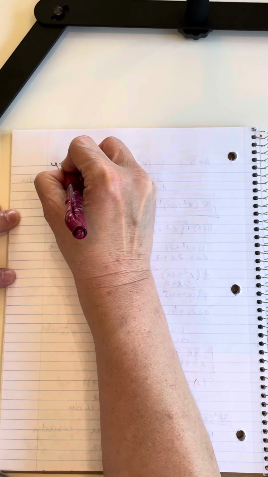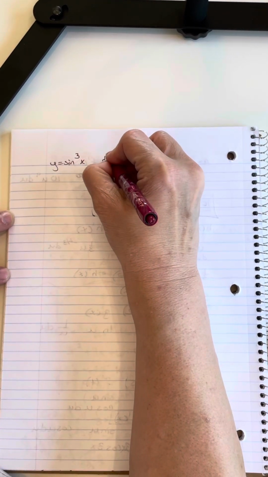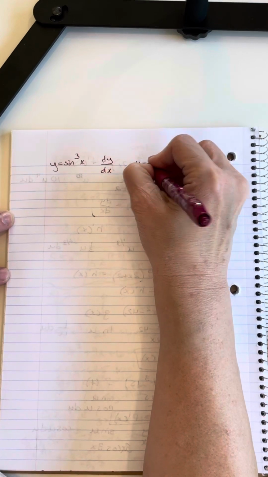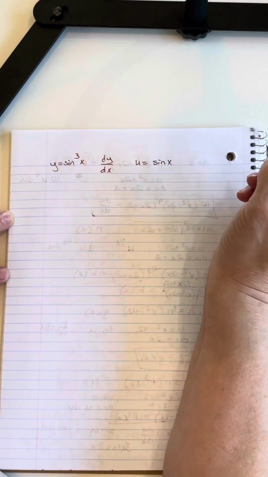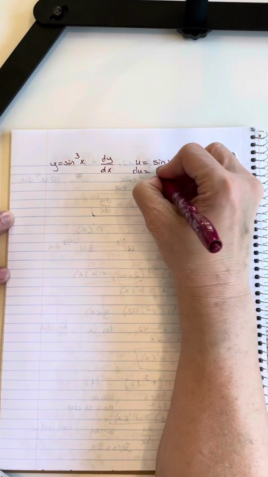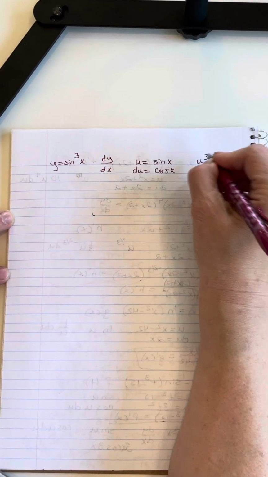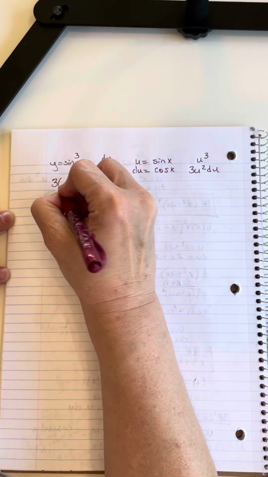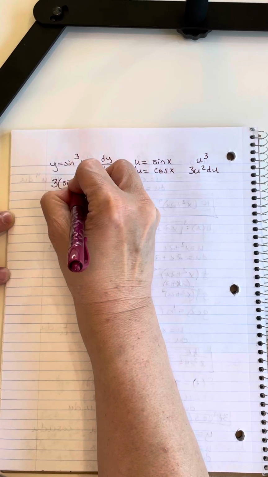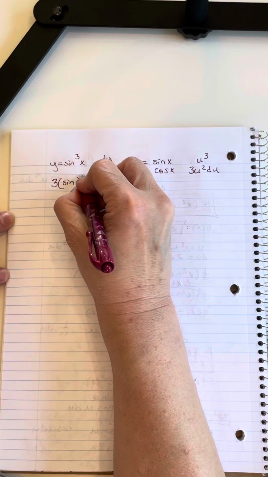y equals sine cubed of x. Find dy over dx. Okay, so our u is sine of x. Our du is sine goes to cosine. Then this was u cubed, which goes to 3u squared du. So 3 with our sine x squared.